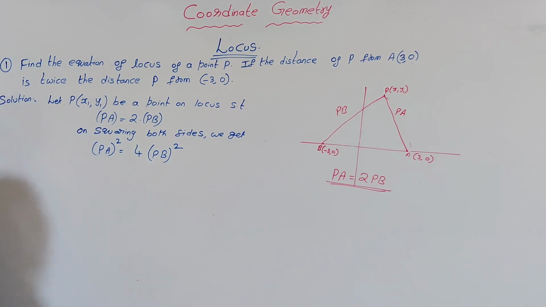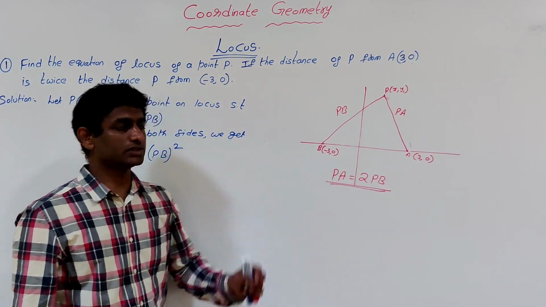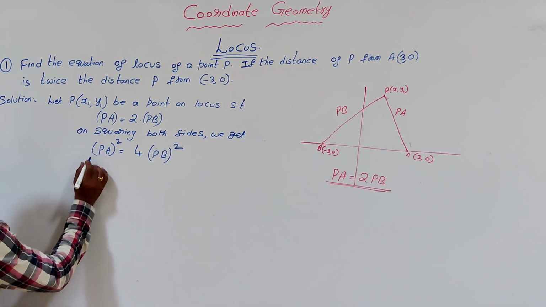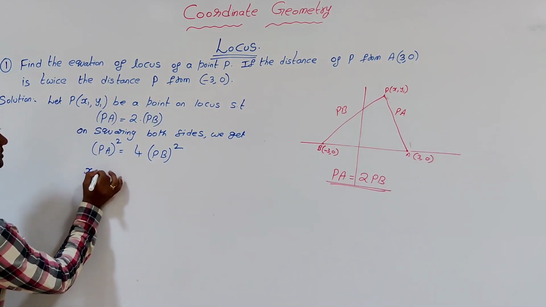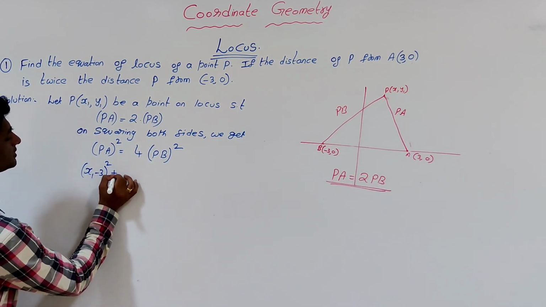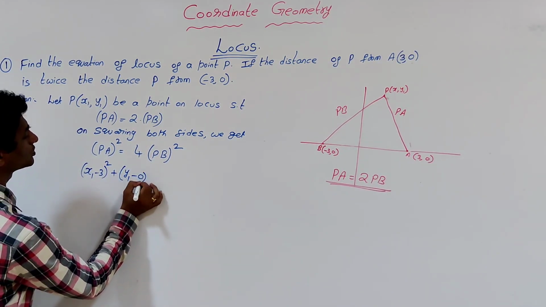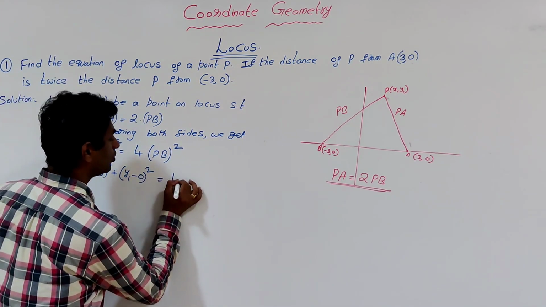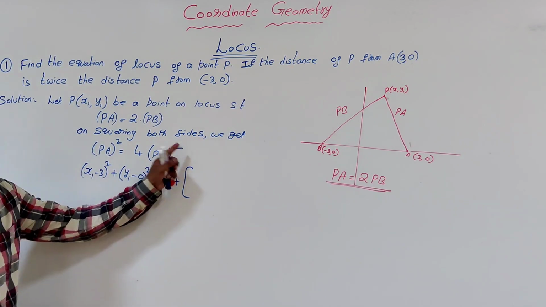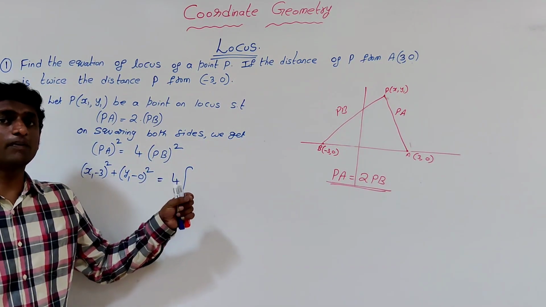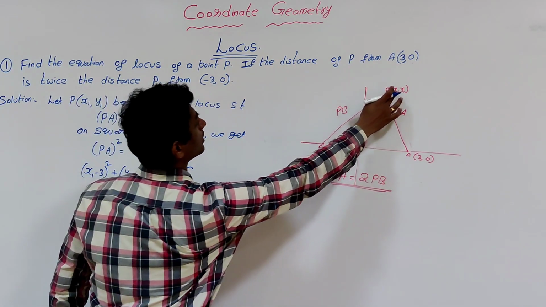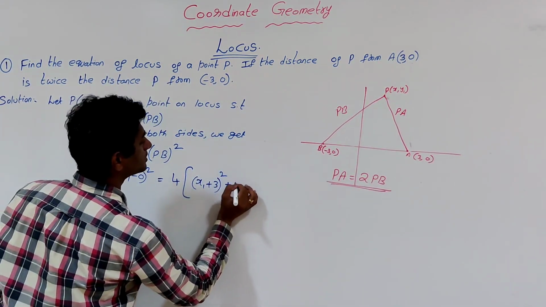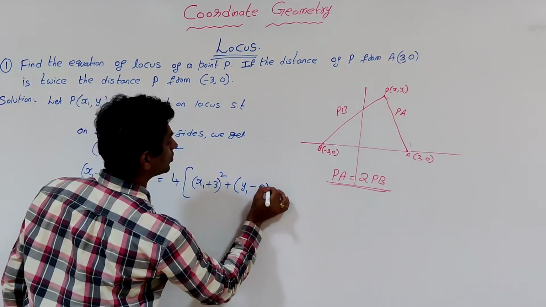Now what is PA? PA is the distance. So what is the distance? (x1 − 3)² + (y1 − 0)², the square root and the 2 will get cancelled, is equal to 4 times, again PB square, meaning the distance from P to B, (x1 + 3)² + (y1 − 0)².